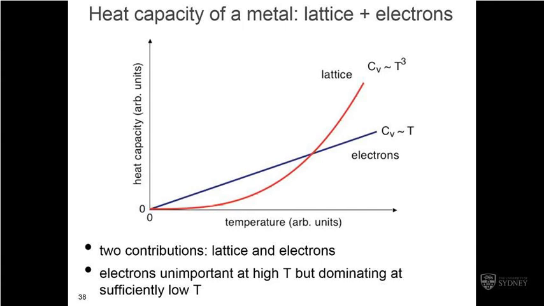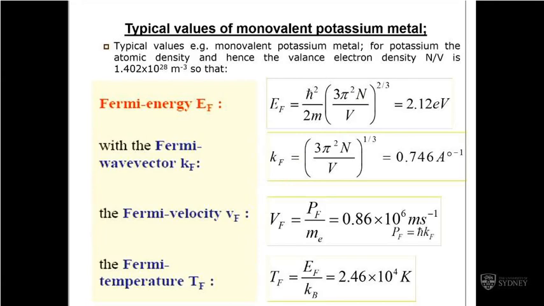Now just to go aside a little bit, remember we were evaluating some of these things. This is just a summary slide. It gives you some idea of the actual values that these Fermi properties are equal to. This is actually for an example of potassium.